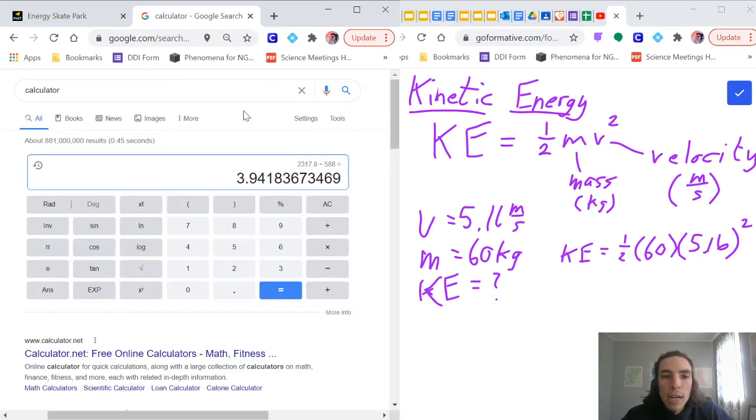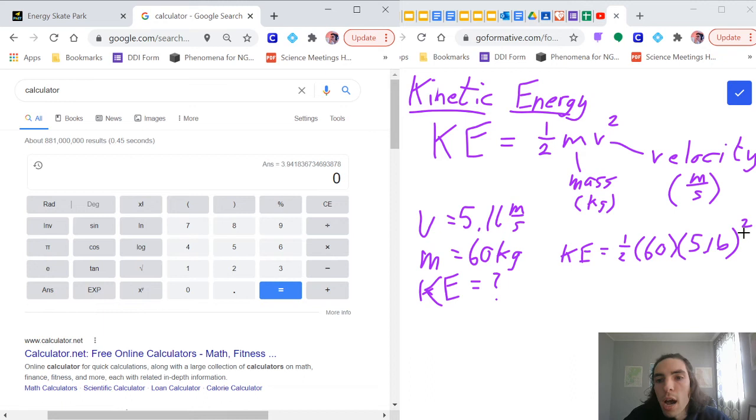Now, the way that I'm going to plug this into a calculator is the way that I would generally recommend doing it. I'm going to square this 5.16 first so that I don't run into any issues with order of operations. If I squared at the very end of all this, and weren't careful about how I used parentheses, I would run the risk of accidentally squaring the mass and the 1/2 also and throwing my answer off.